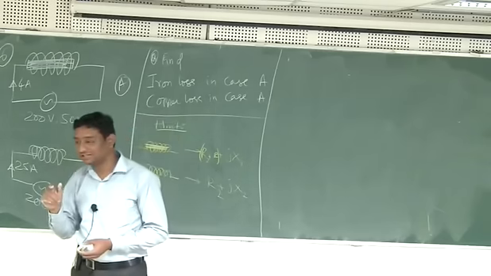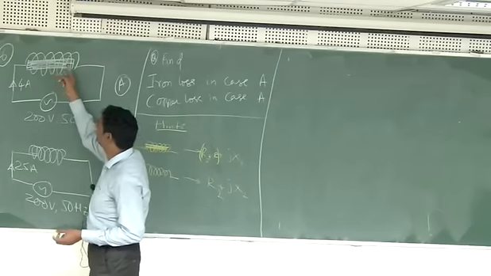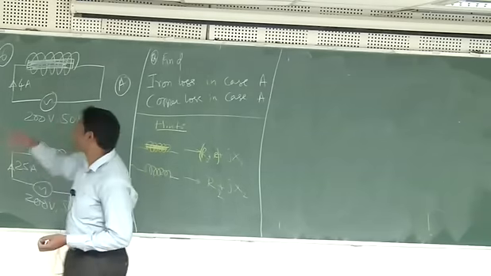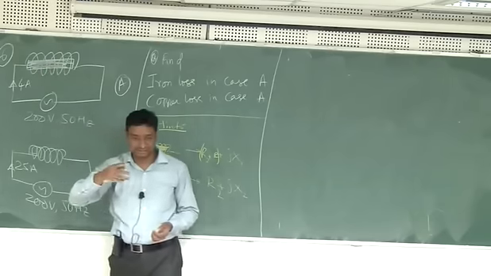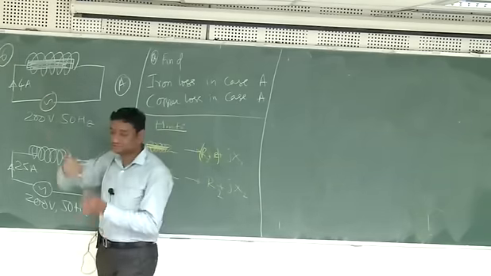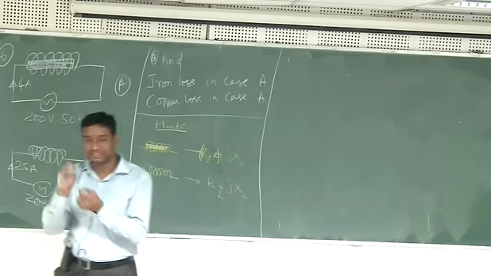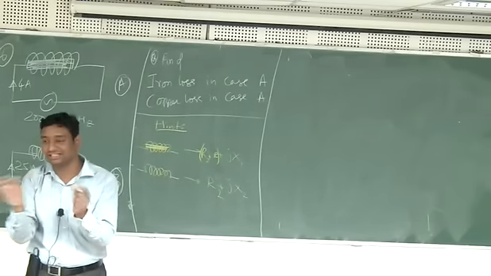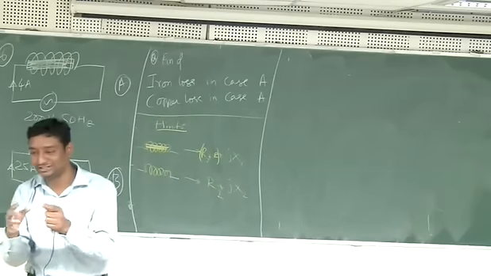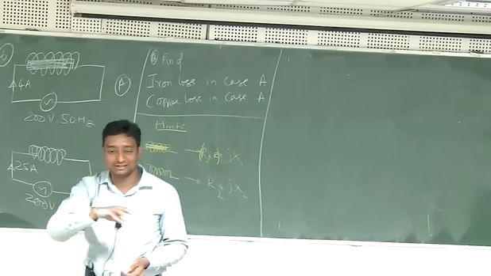When there is a positive cycle, the magnetic field will be in one direction. When there is a negative cycle, the magnetic field will be in the reverse direction, and so on. Every cycle, the magnetic field in this material is reversing. So inside the molecules, they keep reversing every time. That will generate some friction and heat. That is the iron loss.